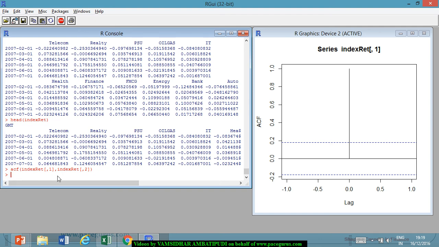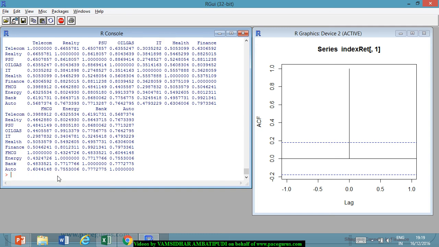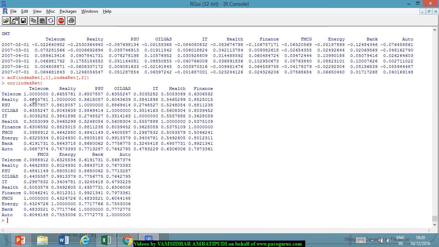I would like to find out the correlation. I'll try to directly look at the correlation between the index returns across. So this is how the correlation between the various index returns are going to come out. I could see that telecom versus reality, the correlation is around 0.66, telecom versus PSU, it's around 0.65, 0.63.